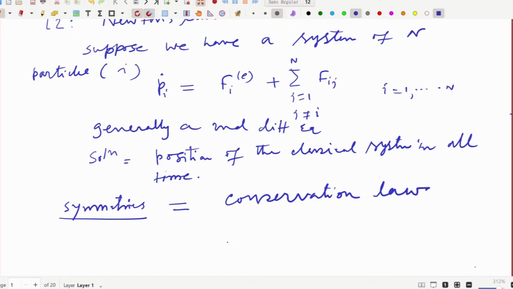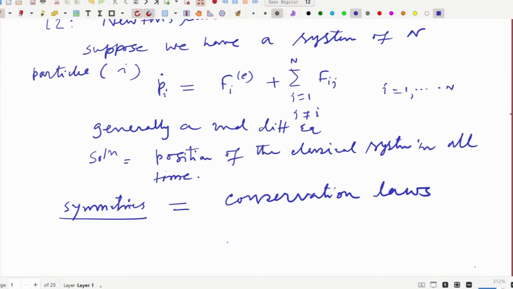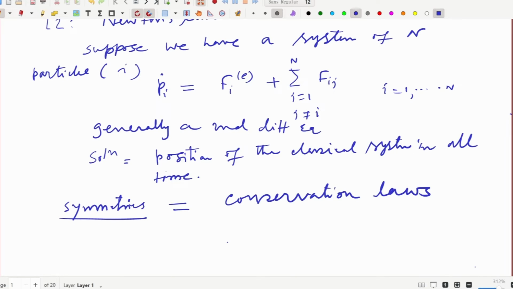Later we will prove for certain symmetries how they lead to conservation laws, but we are already familiar with certain symmetries, and if a certain quantity is conserved or does not change with time, then it will help you find the solution of the classical system. How? Because you know a certain quantity does not change with time, so you don't need to find how it behaves with time. You don't need to solve the equation for that quantity.